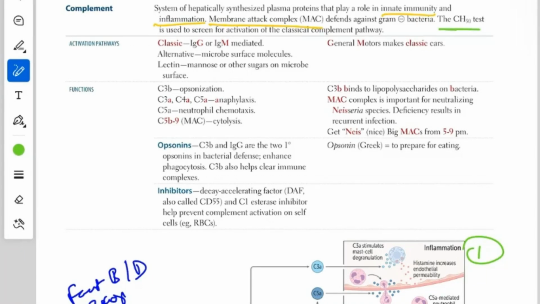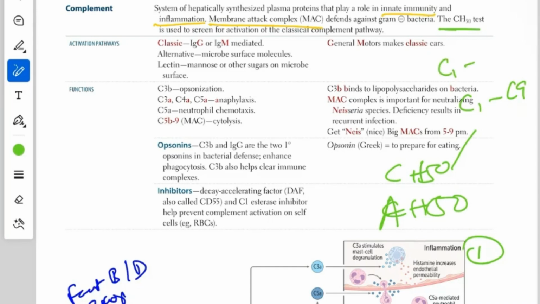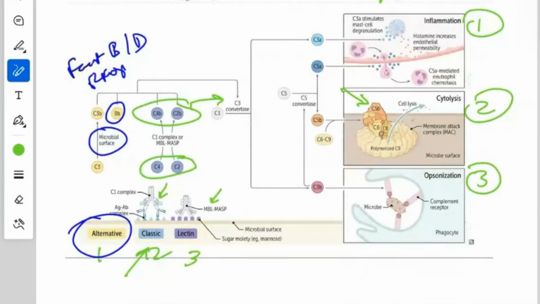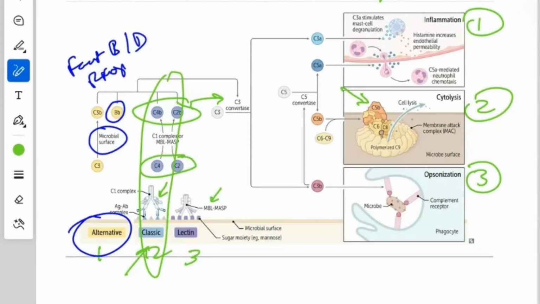Then there's the test they mentioned here, CH50. There are two main tests to evaluate the complement system: the CH50 and AH50. The CH50 tests the entire complement system from C1 to C9. So you're looking at C1, C2, C4, C3, and the others, basically evaluating more of the classical pathway.